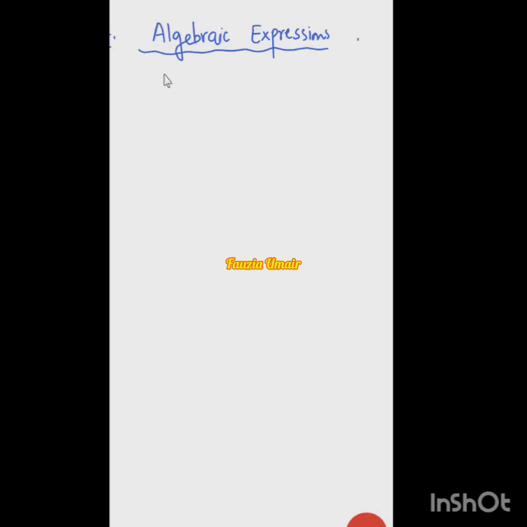First of all, let's talk about the main parts of algebra. In numbers there are only numbers, but in algebra there are different types of things. Can you tell me the three different things in algebra? Variables, constants, and coefficients. Very good. In traditional math, we only have constants, which are numbers.